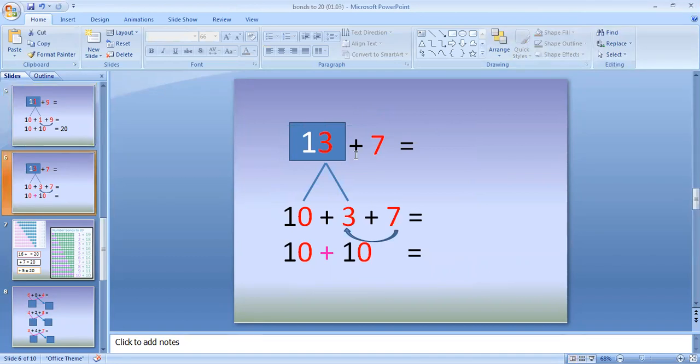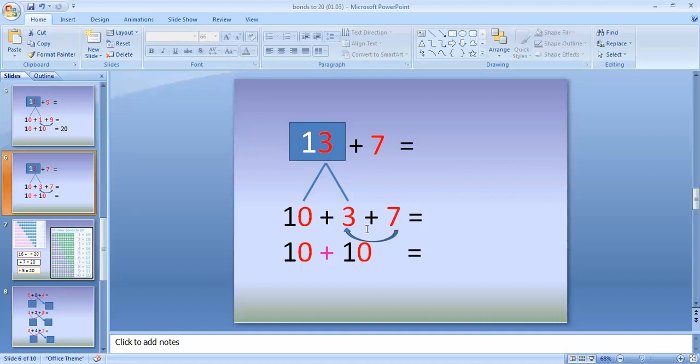Now this is 13 plus 7. We can write 13 as 10 plus 3. And then we can add this 7 later. Now I have expanded this 13 and going to add number 7.